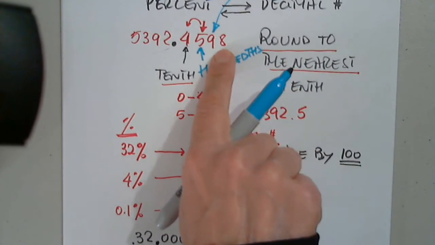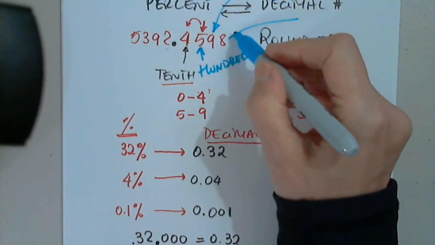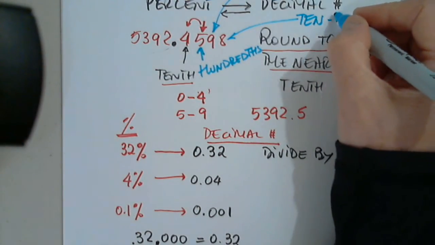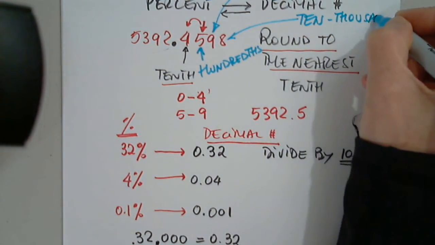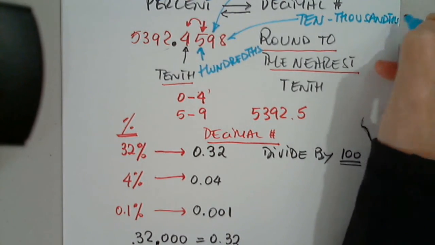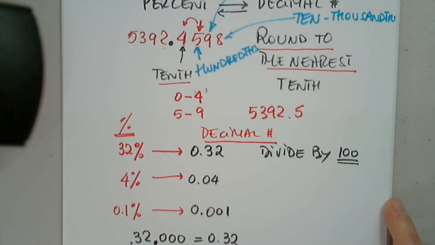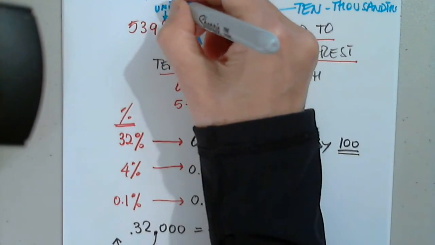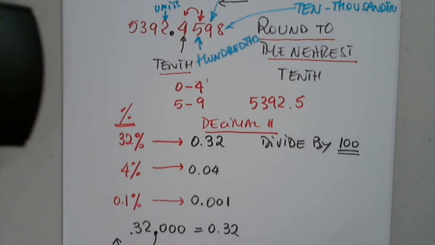And this one is ten-thousandths. Okay, this is the units. Any questions? Moving on.